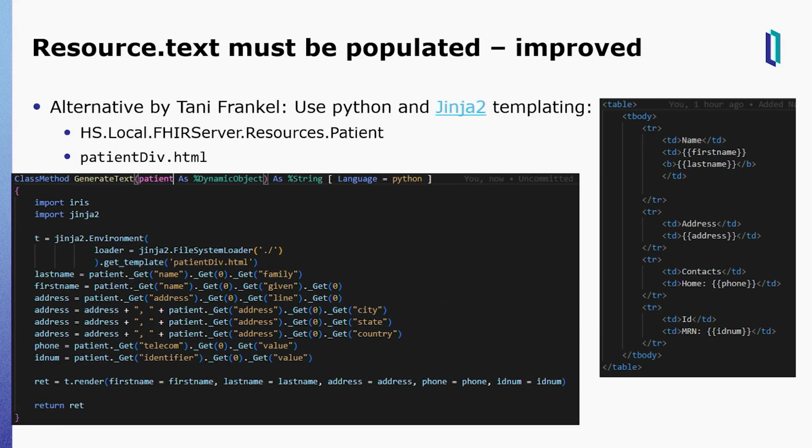Thanks to Tani Frankel, he provided a better method to do this, which is using Python and Jinja2 templating. This way you do less coding, and you have more freedom in terms of how you populate your text. There's still a bit of coding needed to get the right properties before you render your template.